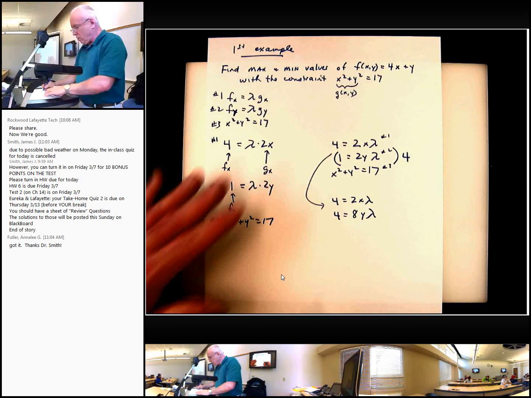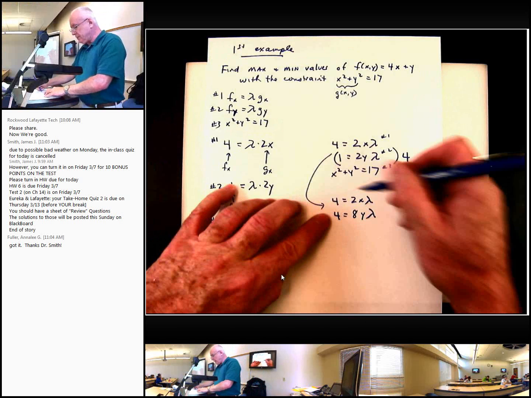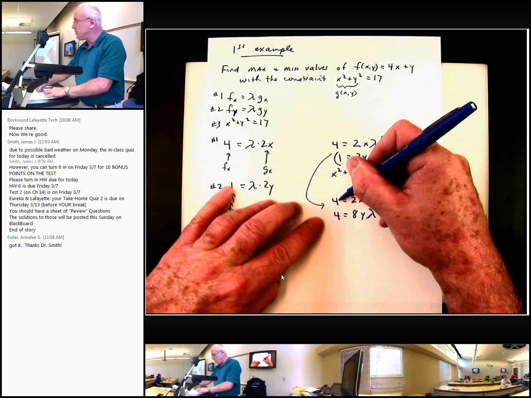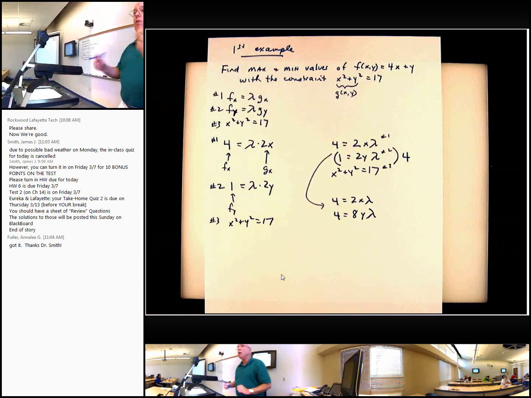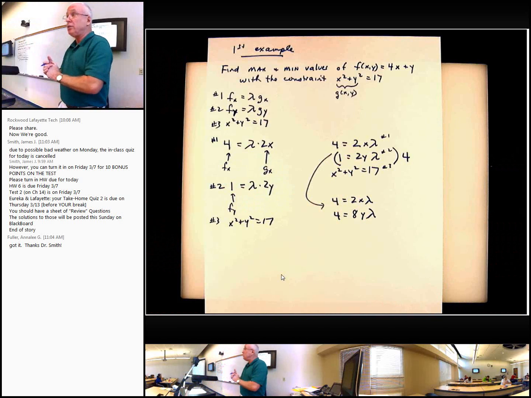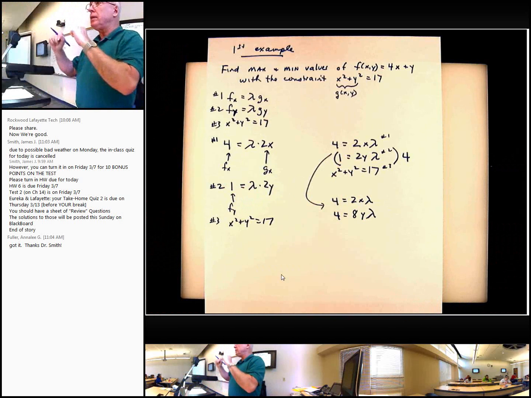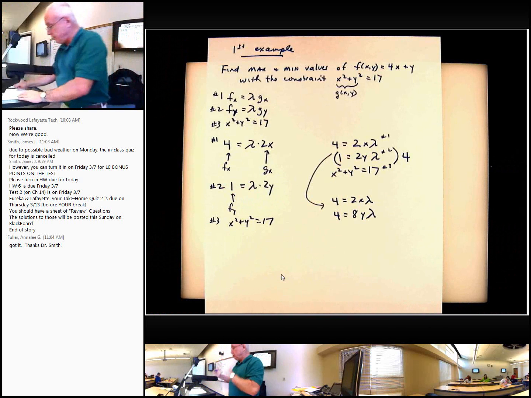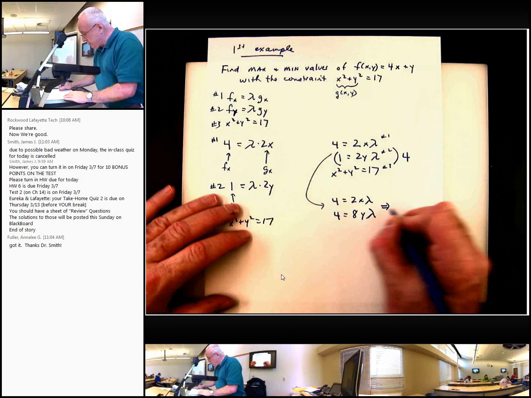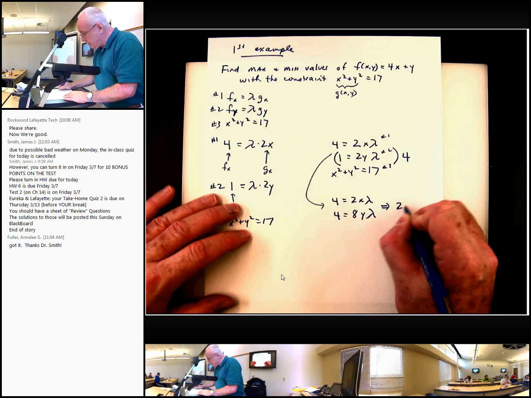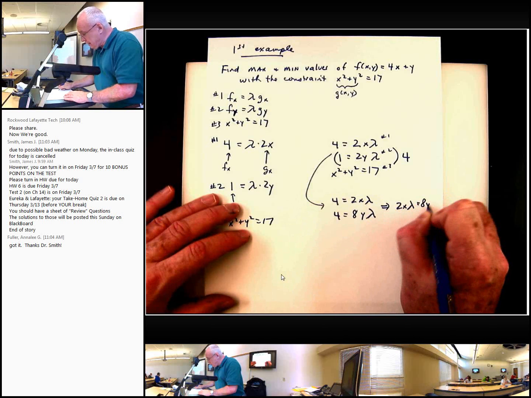So therefore, notice, this is equal to 4, this is equal to 4, therefore they have to equal each other, right? If two things are equal to the same thing, they're equal to each other. So therefore, I can say that 2x lambda equals 8y lambda.